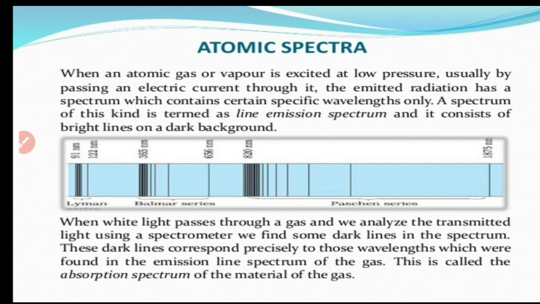These two types of spectra were observed at the time when the Rutherford model was introduced, and the main observation was that these spectra were in the form of lines, line spectra, whether emission spectrum or absorption spectrum.